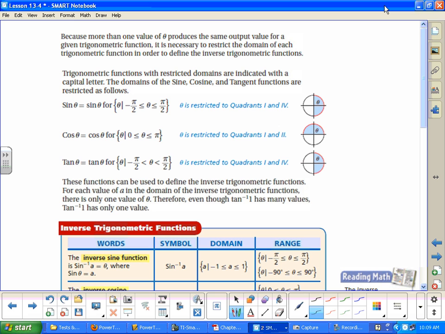Now, we're going to be looking at the functions for the inverse trig also. Because more than one value of theta produces the same output value for a given trigonometric function, it's necessary to restrict the domain of each function in order to define the inverse trigonometric functions. Right? So trigonometric functions with restricted domains are indicated with a capital letter.